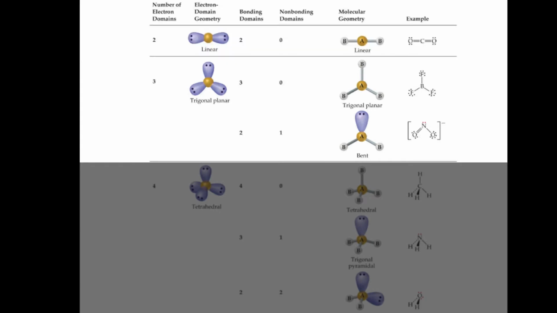So we have another naming convention for these particular structures, and that is known as the molecular geometry. So the electron domain geometry is of course trigonal planar, as shown here. But the molecule itself, the molecular geometry, is often labeled according to where you find atoms.